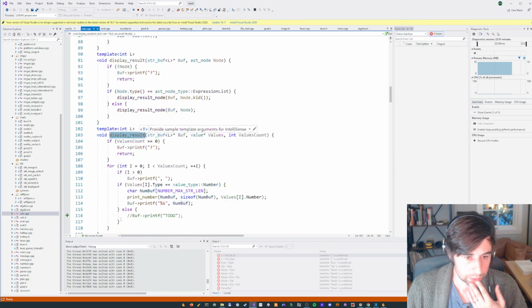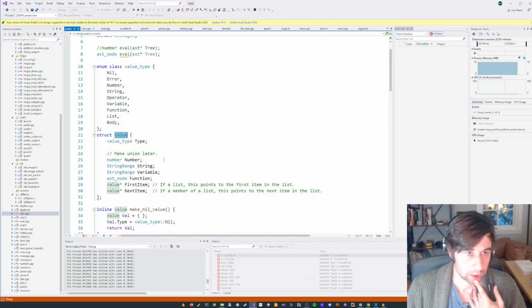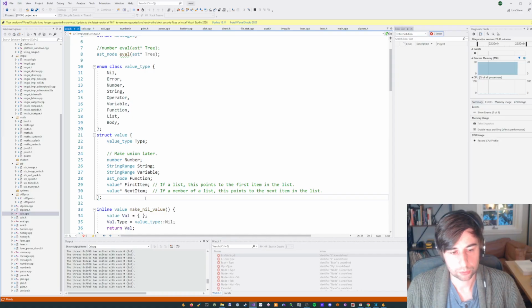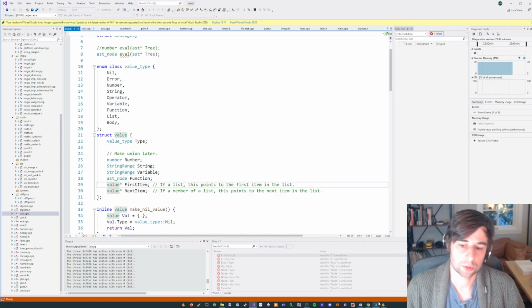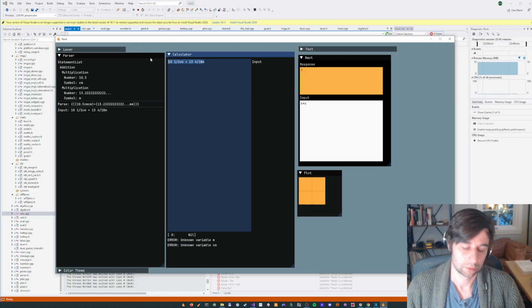And the display result is taking values. The values are a thing that the eval system pops out, which might be a variety of things. Values might be numbers, strings, variables, or functions, and it might be a list, because sometimes you can return multiple things.